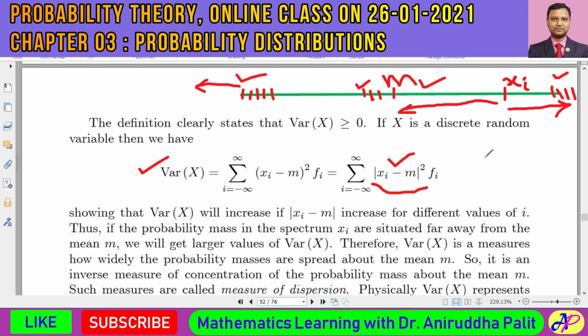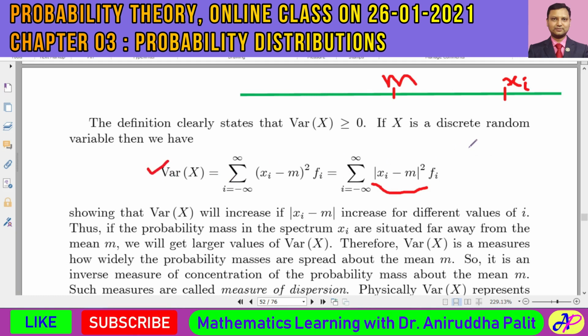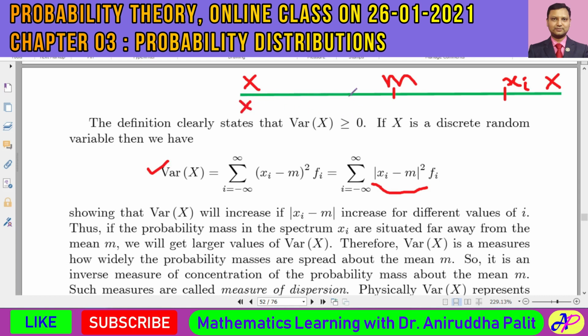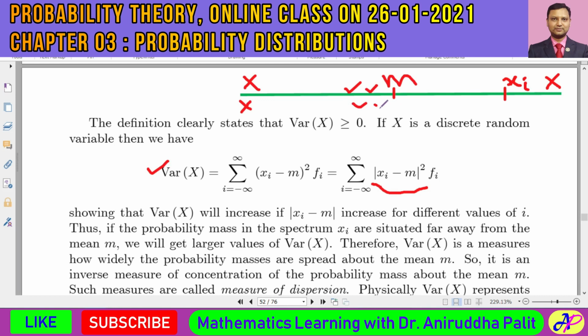And if the variance of x is a smaller quantity, then there is no such large contribution. That means the values of xi are not present over here. Then xi are concentrated near about the point m. Got it?